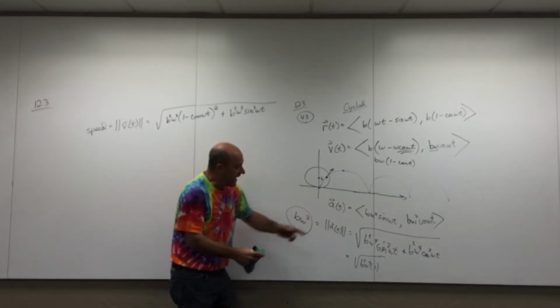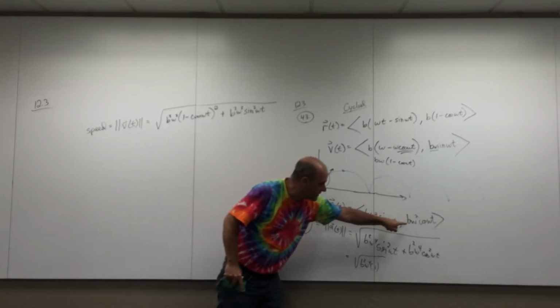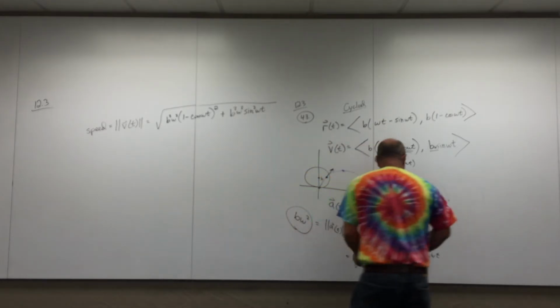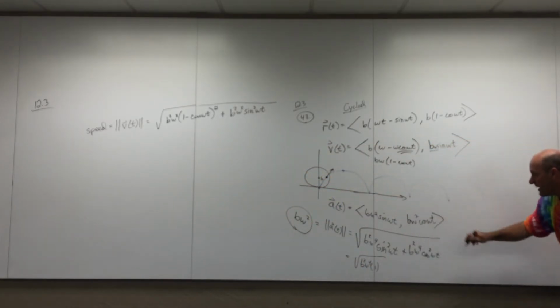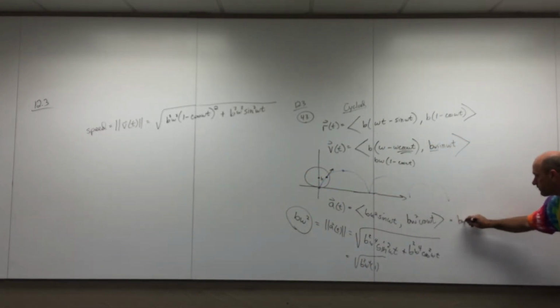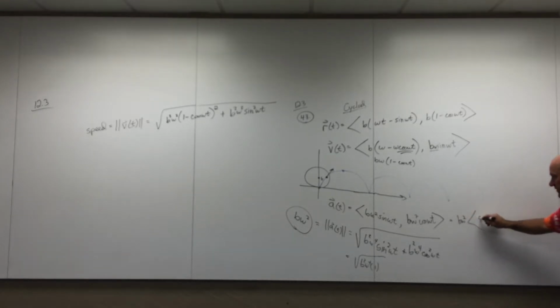And the truth is, I saw that right here. What I saw was that if you factored out the b omega squared at the beginning, you're left with sine omega t, comma, cos omega t, and I know what that magnitude is. One.